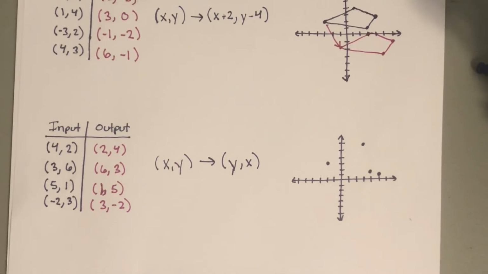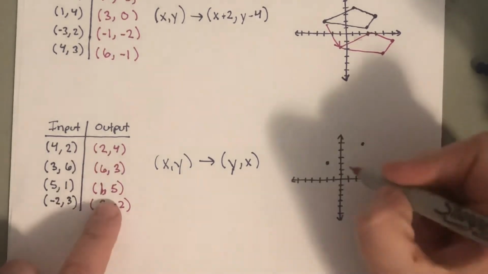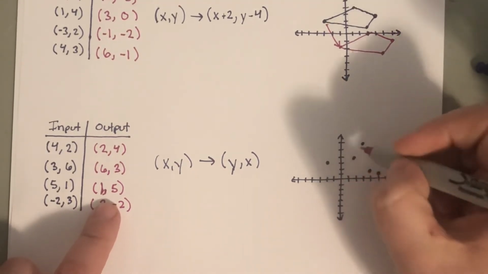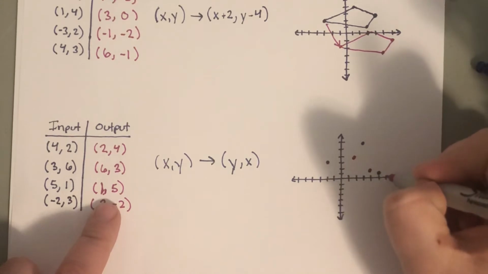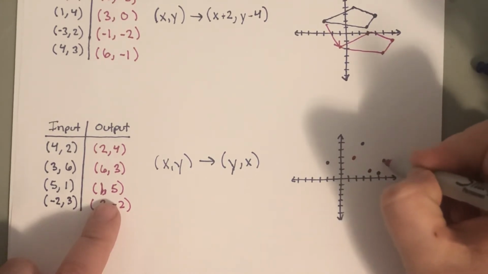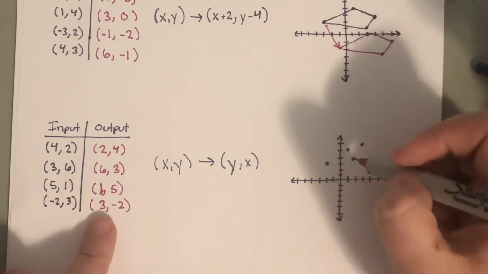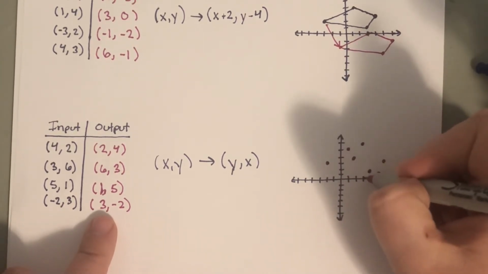So if we were to plot each of these new points, we would get 2, 4. We would get 6, 3. We would get 1, 5. We would get 3, -2.